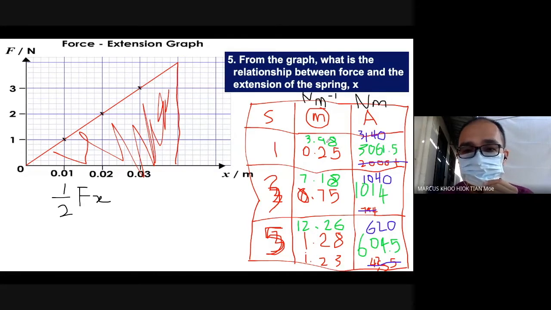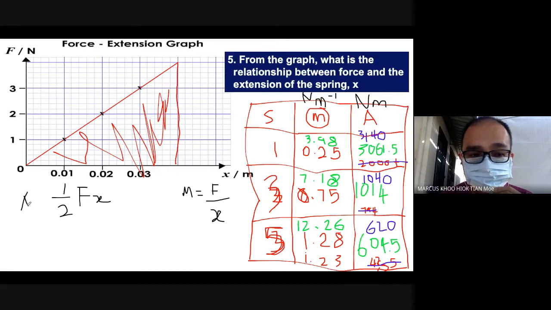The gradient is the y-axis, which is F, over the x-axis, which is X. The area is half times the force times the extension from this graph.